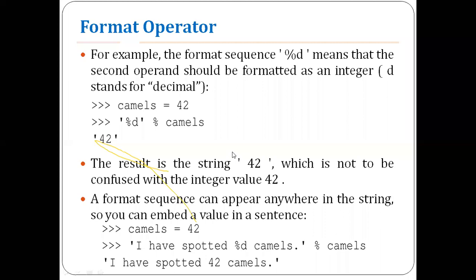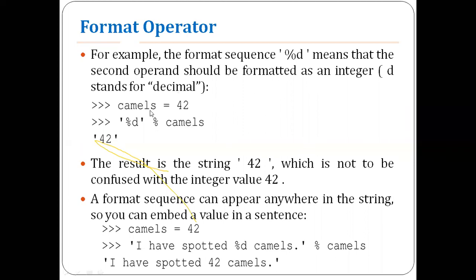So look at this one. For example, the format sequence %d means that the second operand should be formatted as an integer, right? The percent d of camels means that the second operand is treated as an integer. It is nothing but the decimal.